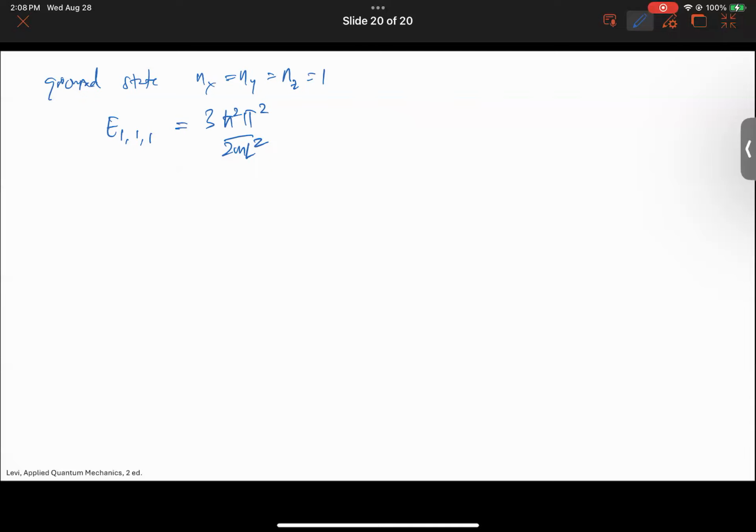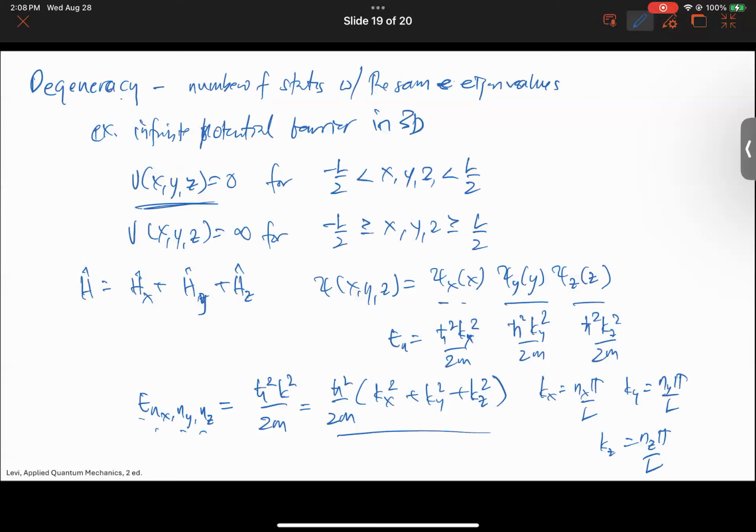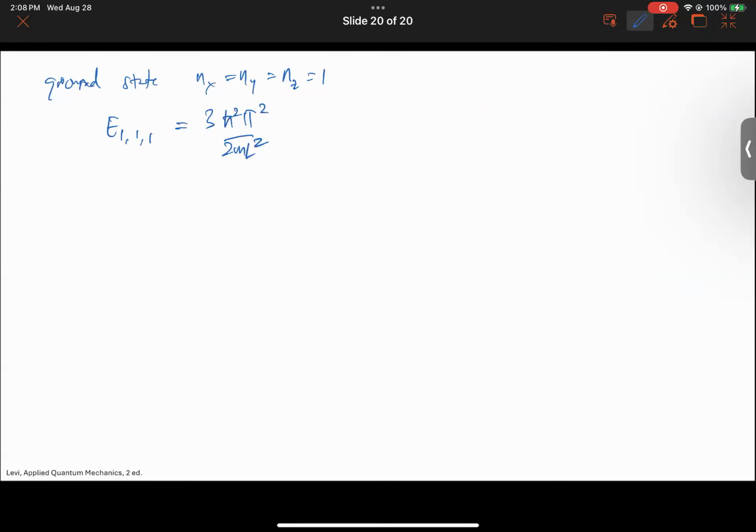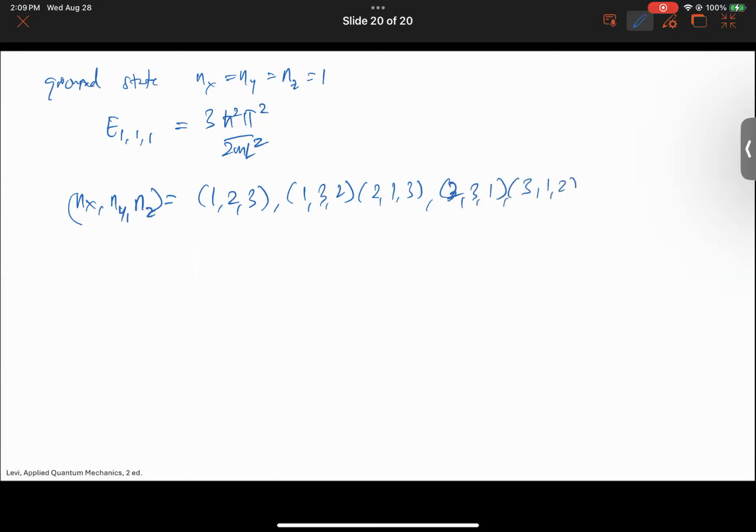Now, since these n's can be iterated between 1, 2, and 3, in other words I can have values of nx, ny, nz, for example, 1, 2, 3. And then I can change that to 1, 3, 2. I can change it to 2, 1, 3. I can change it to 2, 3, 1, 3, 1, 2, and also 3, 2, 1.